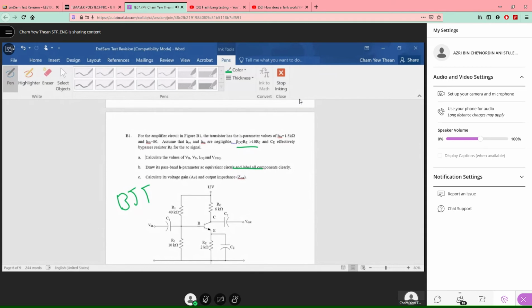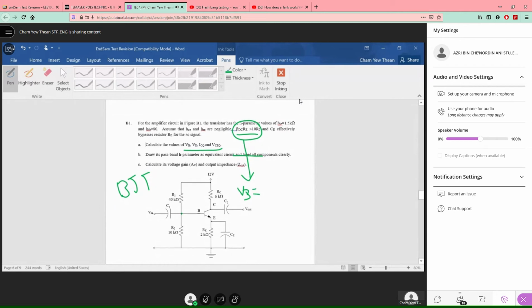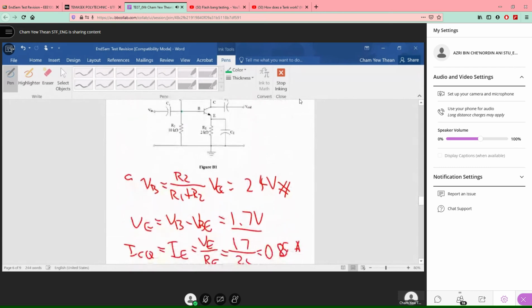So you are supposed to calculate the DC biasing, calculate the VB, VE, and VCQ. Your VB is simply the voltage divider circuit.